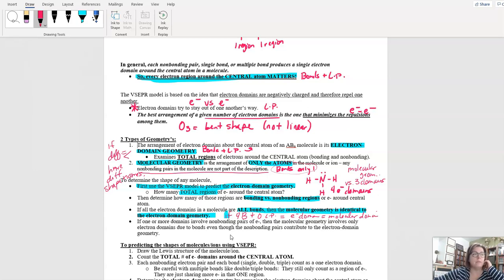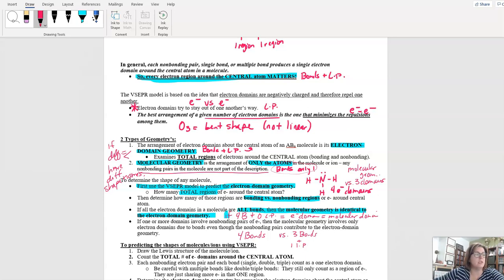So it's the example of 4 bonds only versus 3 bonds plus a lone pair. If you add that up, that's still 4 on each side, but the names will be different.